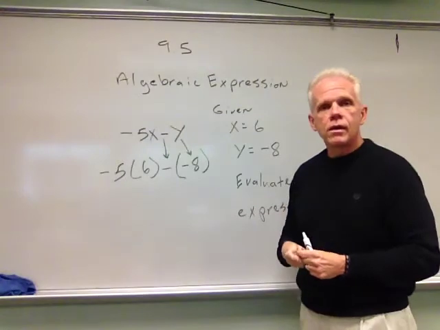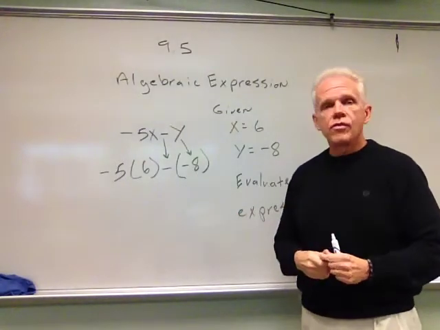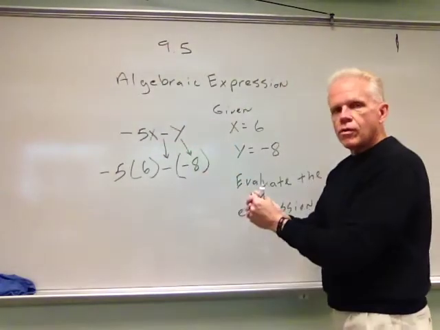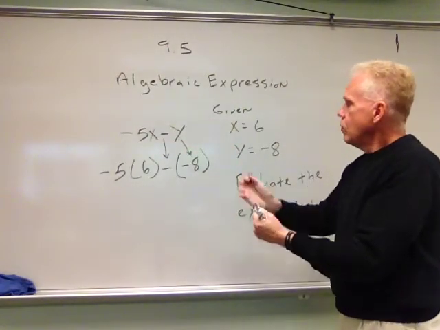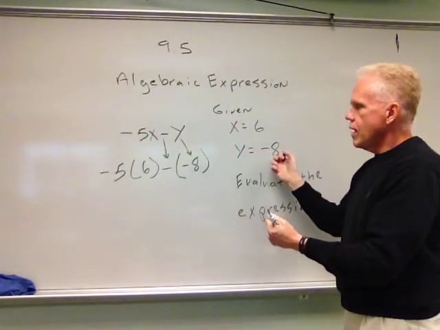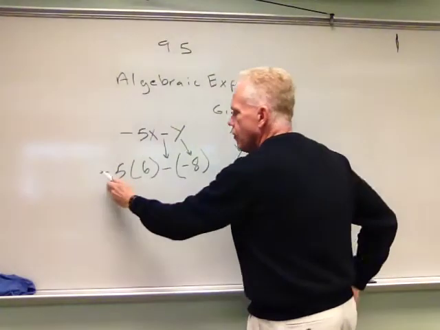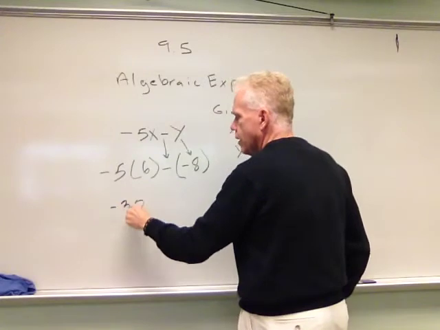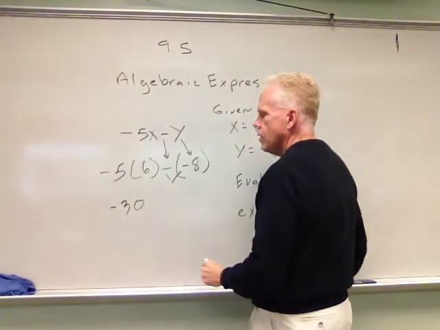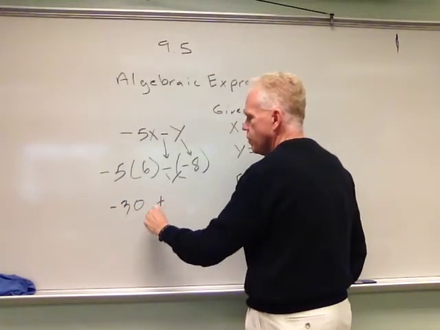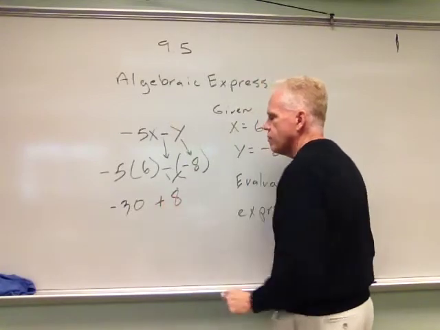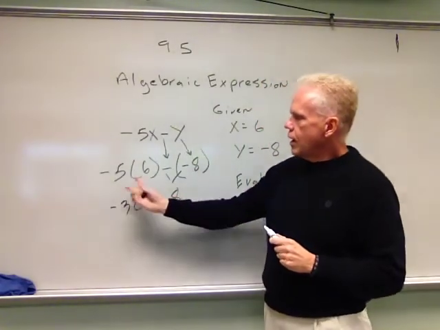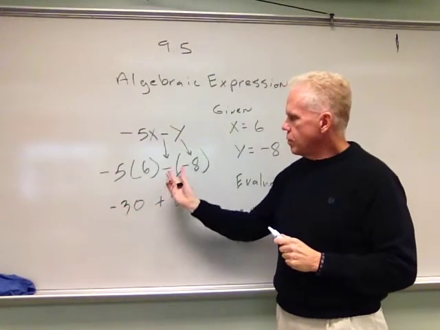So we're substituting these values into this expression in parentheses, and now that we've substituted them in, we're going to evaluate the expression. What does it work out to when x is 6 and y is -8? Well, let's work it out. First, -5 times 6 is -30. We've got this double sign right here of minus minus, which simply becomes plus. Remember that from signed numbers. So the first step in my evaluation, I'm going to get -30 plus 8.